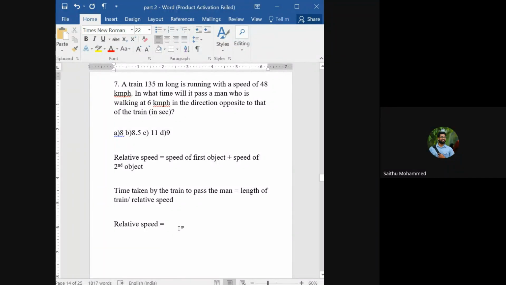We just need to add them: 48 plus 6. The relative speed is 54 kilometers per hour. But still, it is in kilometers per hour, while the time that we have to find is in seconds, and the distance we have been given is in meters.